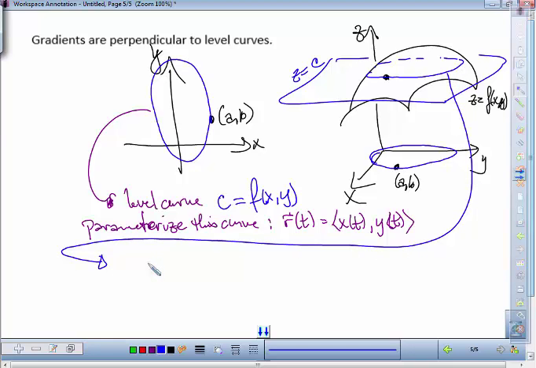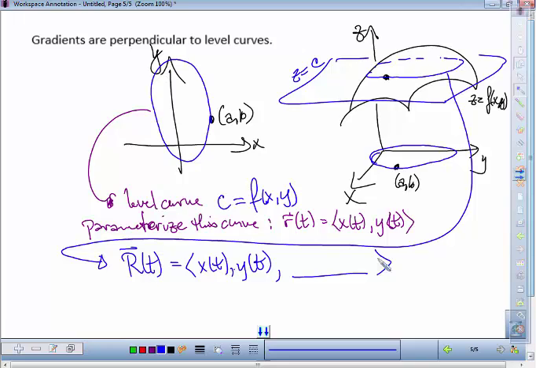I don't know what to call it. Let's call it capital R of t, because I can't think of anything right now to project it. So I have x of t, y of t, and then now the third component is what I'm curious about. You give it a z component, but what is this z component going to be? Did you hear what Travis said? F of x of t, y of t.